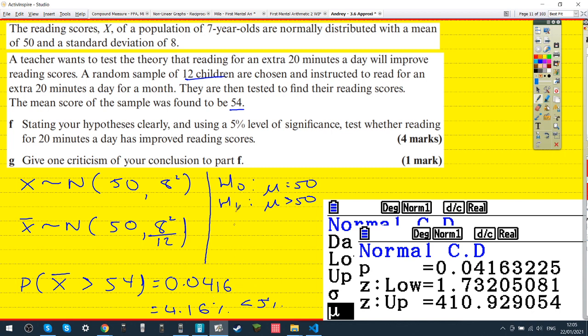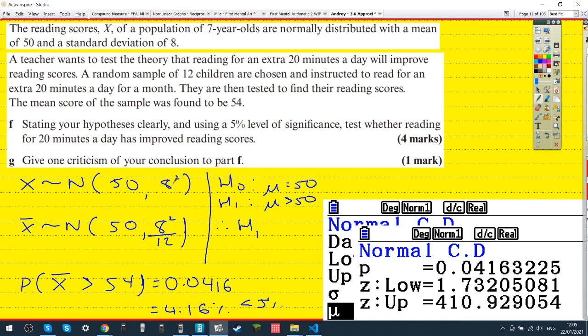That's less than 5%, and so it's pretty rare that it was just random chance. And so therefore you're going with there is sufficient evidence at the 5% level of significance that their scores improved. Now it might just be random chance, but that only happens 4% of the time.